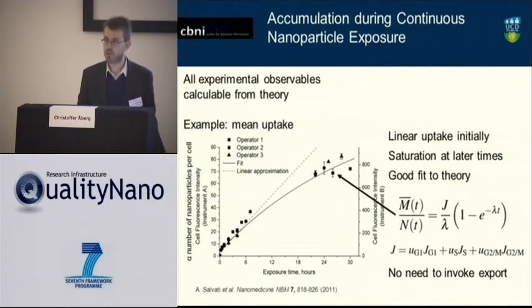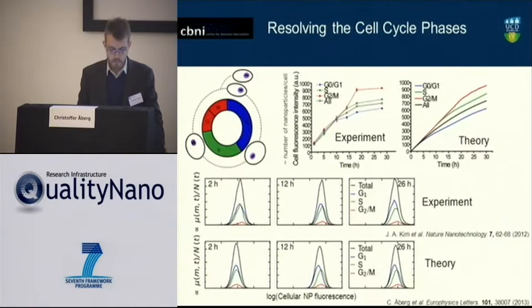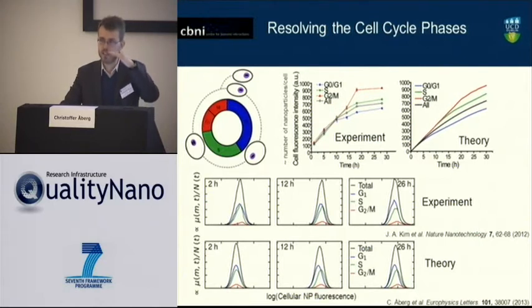As an added bonus, from the model, it also comes out exactly what that flux in that equation actually is. And it's essentially a weighted average of the fluxes into the different phases. And this is just another example, continuing calculating even more things from the model, things that we have also measured experimentally. So you can also look at the number of nanoparticles of cells that are in that moment in a particular phase, in this case G0, G1, S, and G2M.